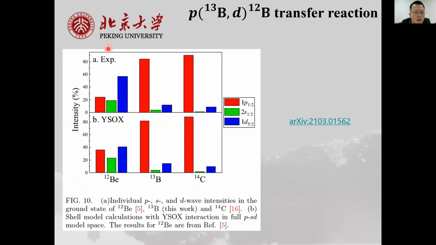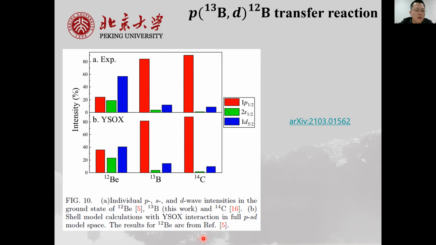This is the experimental and the shell model calculation for the individual PSD wave intensities in the ground state of beryllium 12, boron 13, and carbon 14. The shell model calculation here is with the YSX interaction in full PSD model space, and for beryllium 12 it is from our previous work.